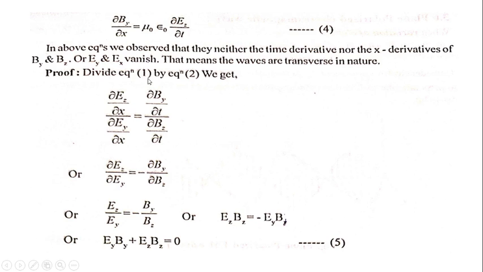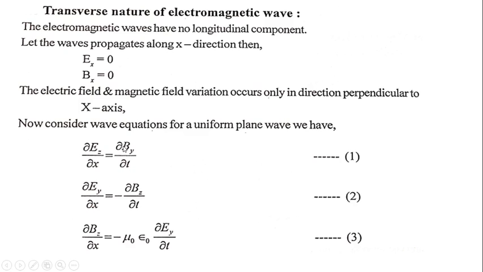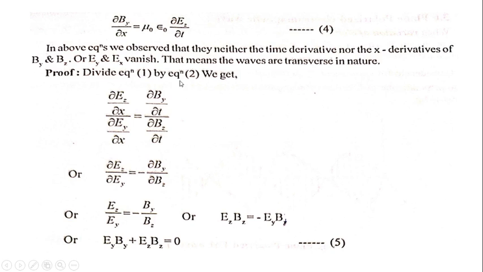Now dividing equation 1 by equation 2, we get delta Ez by delta x divided by delta Ey by delta x equal to delta By by delta t upon delta Bz by delta t. After division, we get delta Ez by delta Ey equal to minus delta By upon delta Bz.